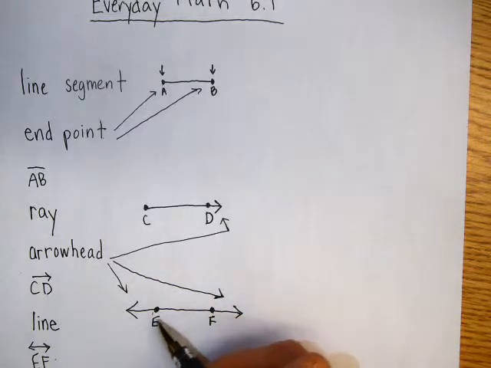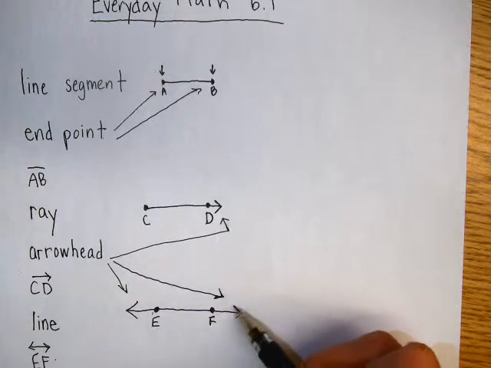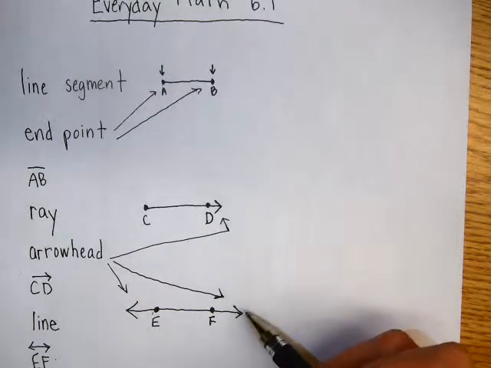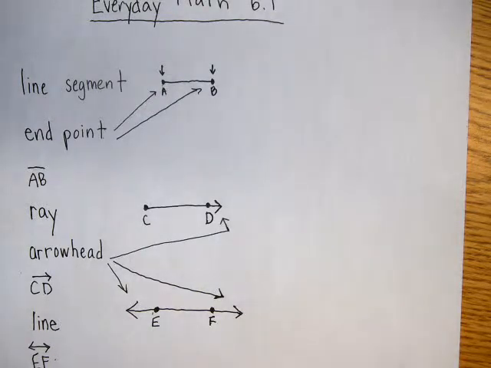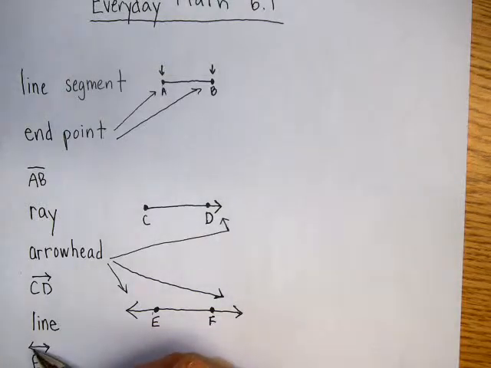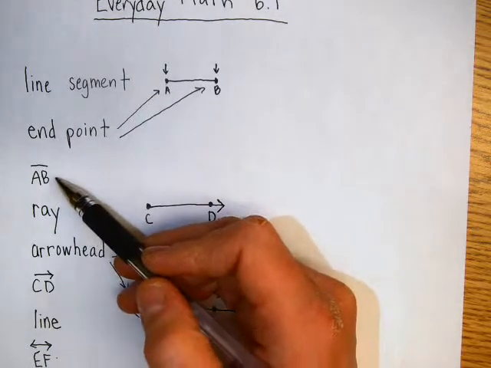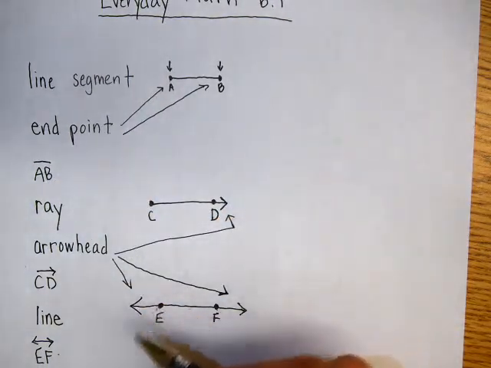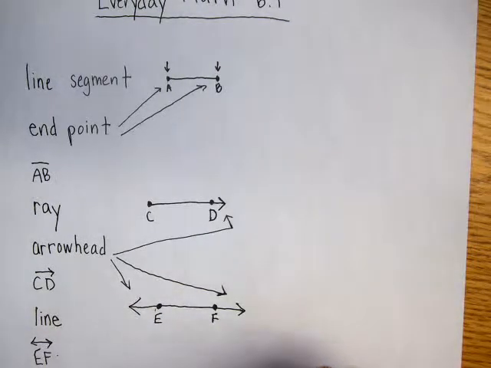The direction on one end and the direction on the other are both indicated by arrowheads. That's called a line. And to label that line, you pick a couple of those points or mailboxes, and you would just label it by those. So E and F in this case, and then the line across the top is going to have arrowheads on either end to indicate that it's a line, different than a line segment, which we talked about up here. And it's just going to keep extending.